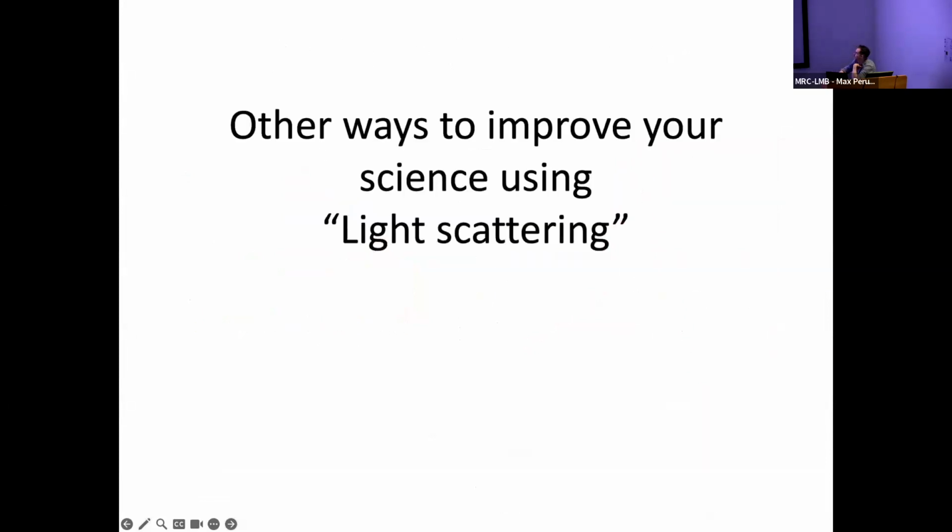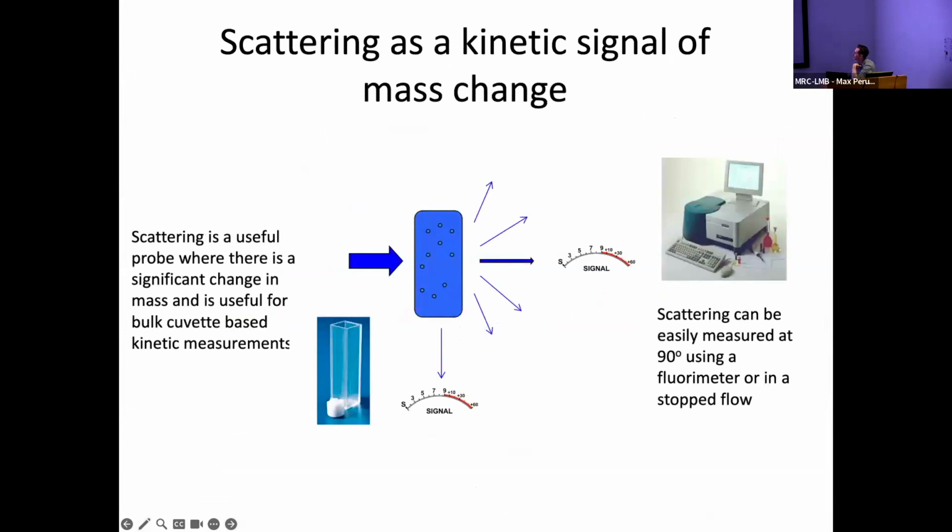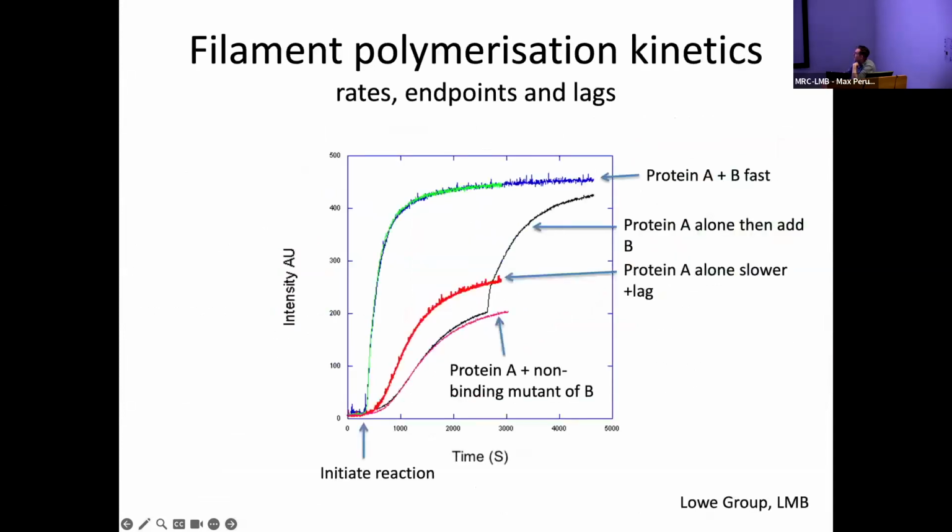Okay, the last thing to finish up is just a couple of other ways we use light scattering. So this is something that Jan's group have used in the past. They use it as a kinetic signal of mass change. So basically when they have these filament polymerizations, as the filaments grow bigger and bigger, they scatter more and more light.